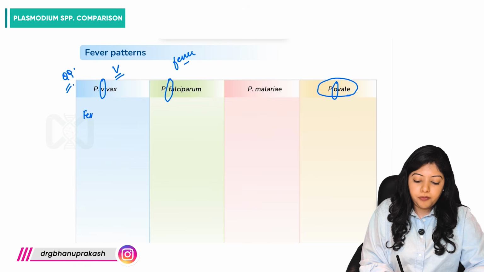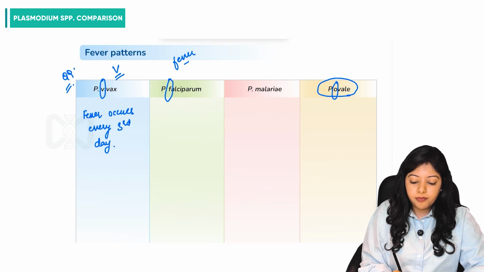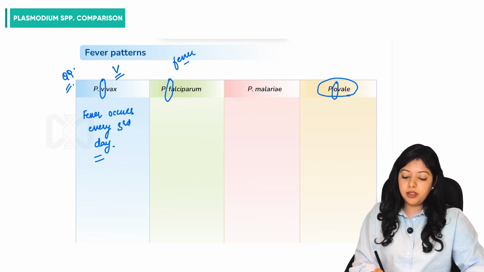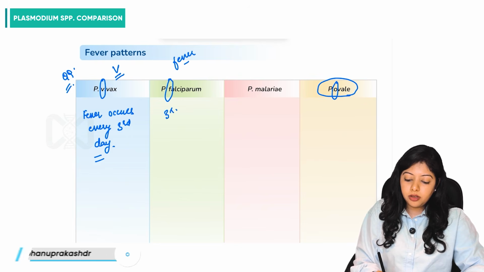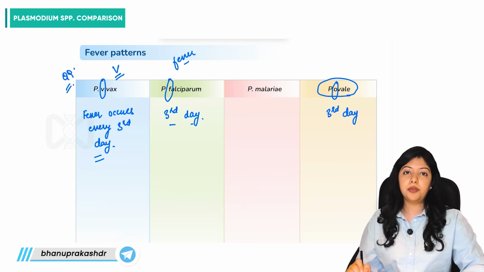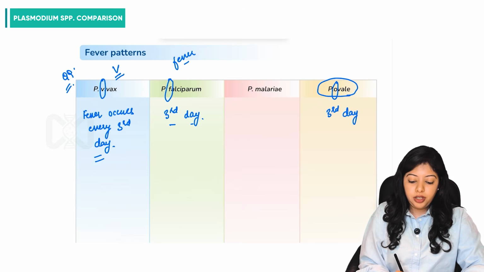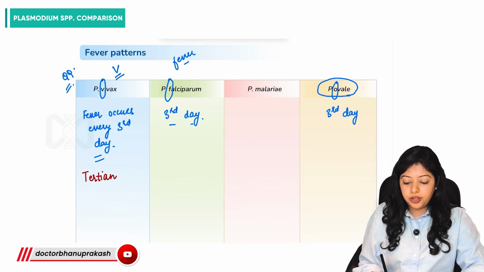Fever occurs every third day, the same is the case with falciparum and the same occurs for ovale. So what do we call this type of fever? It is called tertian fever, third day tertian.